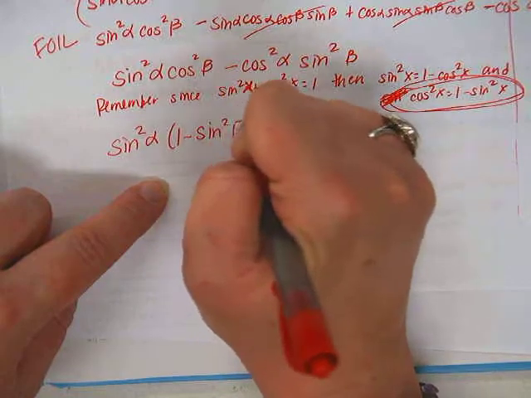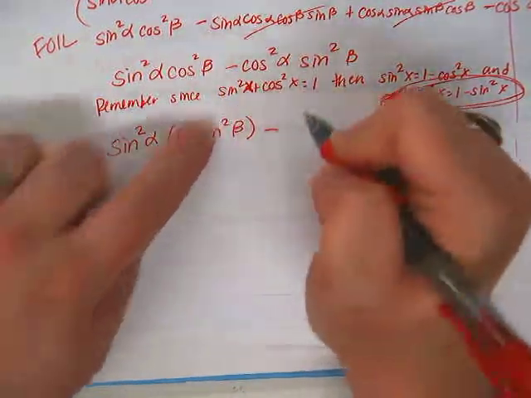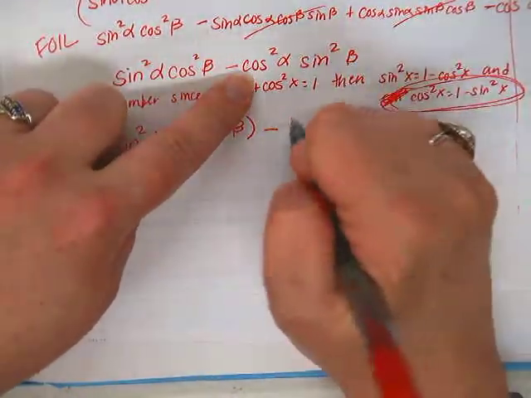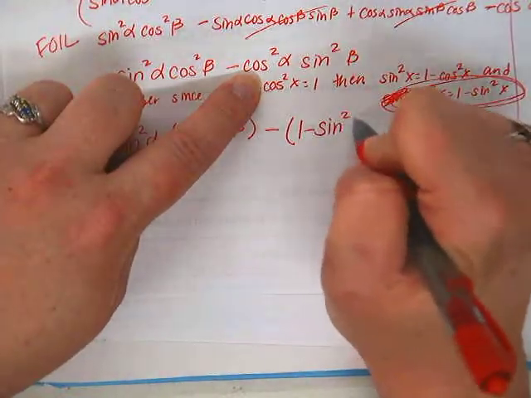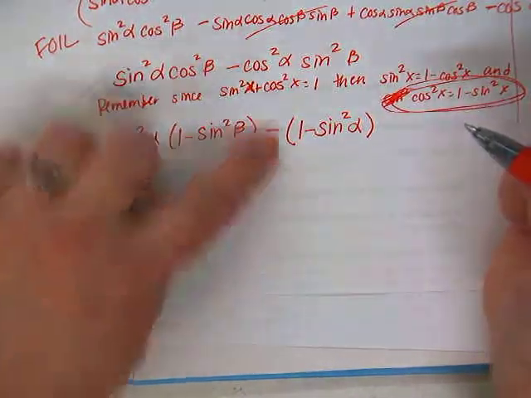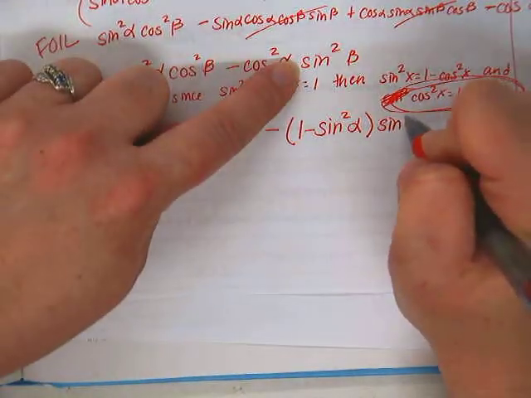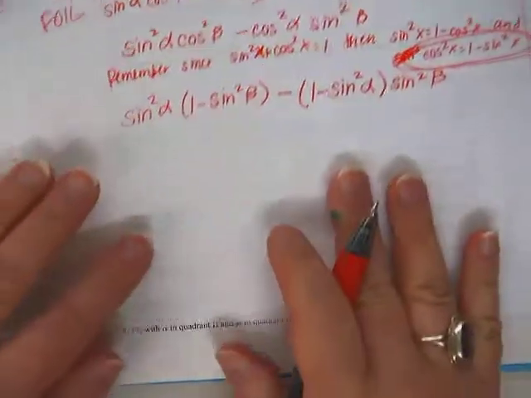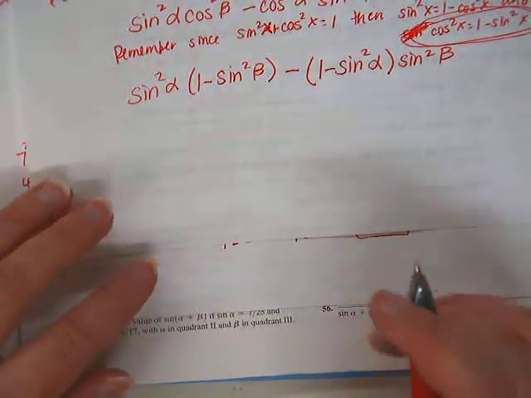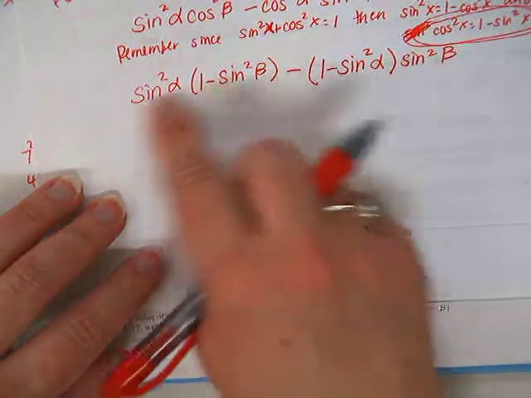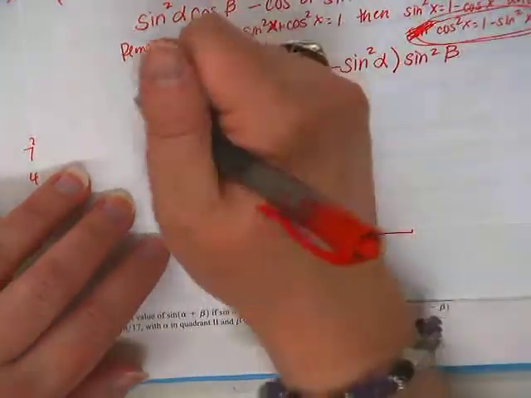But cosine squared beta, we're going to replace with 1 minus sine squared beta. Then we have a negative. Then we're going to replace cosine squared alpha with 1 minus sine squared alpha. And then that's times the sine squared beta. Okay, now what?